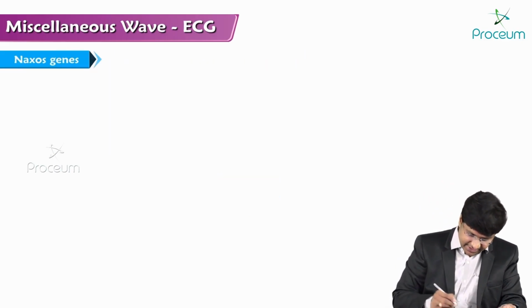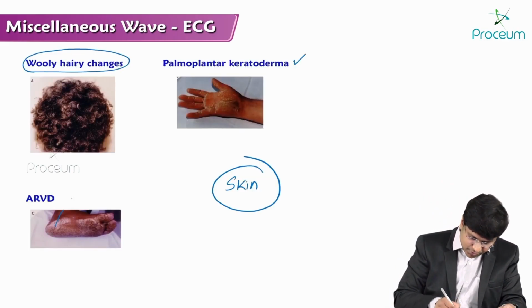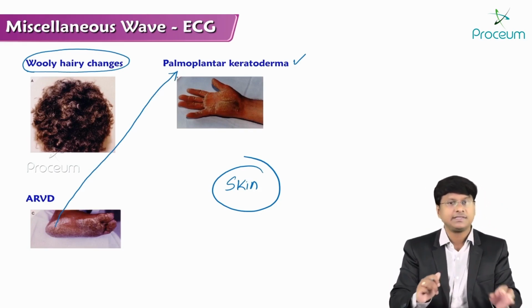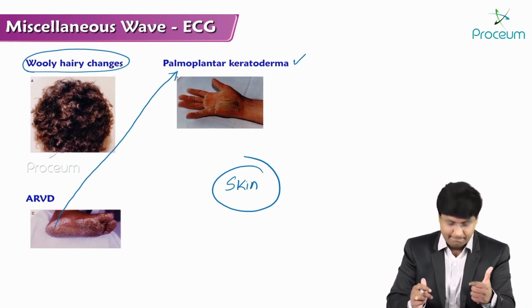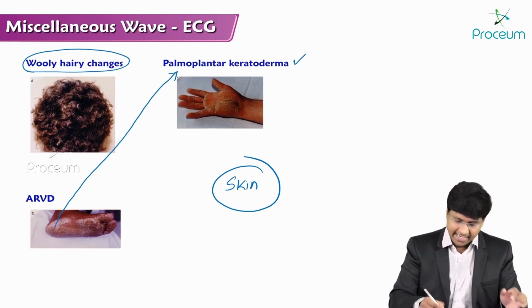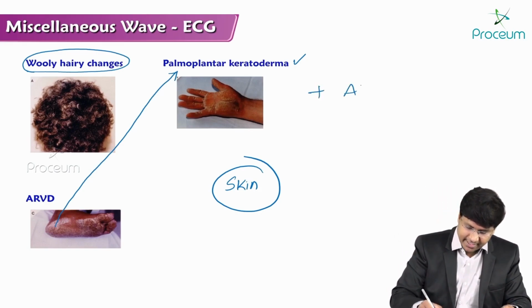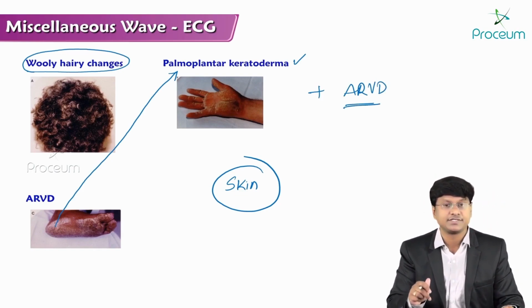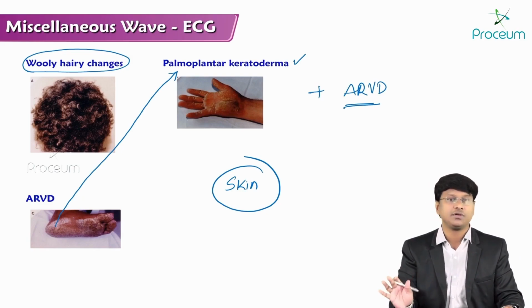And the other one, yes, you can make out this is also palmoplantar keratoderma. Along with woolly hair changes and palmoplantar keratoderma, there will be ARVD, that is arrhythmogenic right ventricular dysplasia. So in arrhythmogenic right ventricular dysplasia, the ECG shows the presence of the epsilon wave.